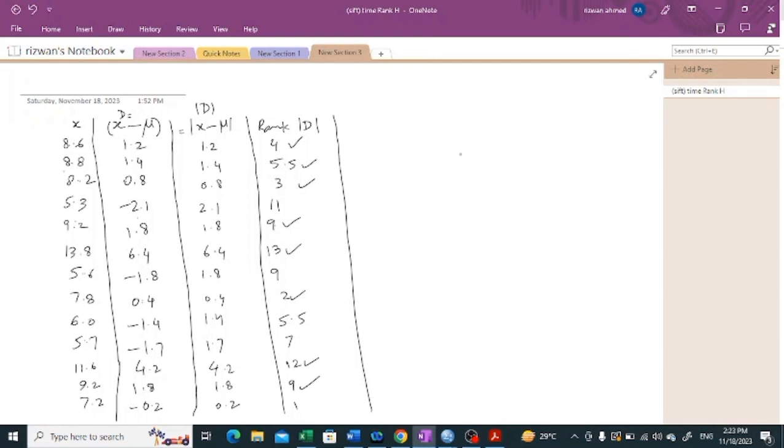So 57.5 is the value of W calculated. Now we need to consider where it is falling. This value is falling between 17 and 74. So between 17 and 74 it is falling.